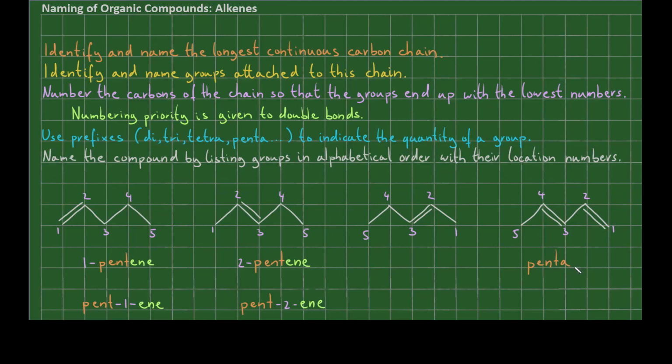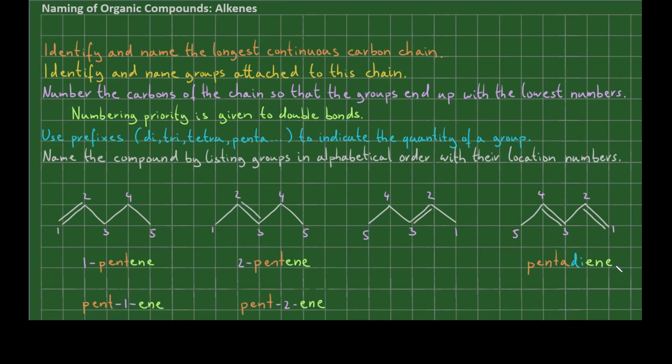And because I have double bonds, I need to indicate that this is an alkene, which means I will have the suffix -ene. However, I need to indicate that there are 2 double bonds. There are 2 -enes. So I'm going to use the prefix for 2, which is di. And now I can say that I have a pentadiene.